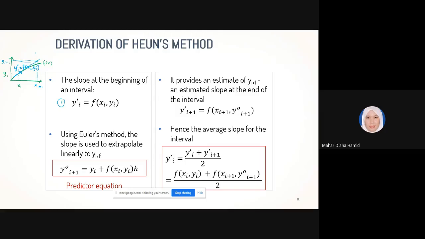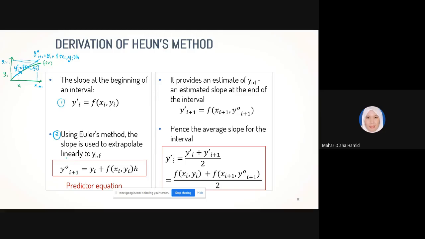So this is the value of y superscript naught i plus 1 equals yi plus f(xi, yi) h. H here is the step size. So this is actually step number 2.